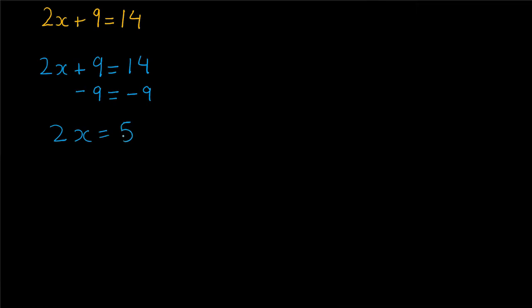Now we have the simplified version. Now we just need to divide 2x by 2 because of the coefficient, and we need to divide the right-hand side, 5, by 2 as well. We can cancel out the 2's on the left-hand side, which gives us x, and we leave the 5 upon 2. We can check it if you want, and I'll do that just to be sure.